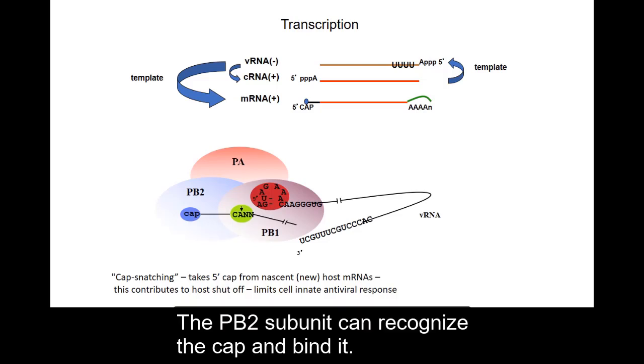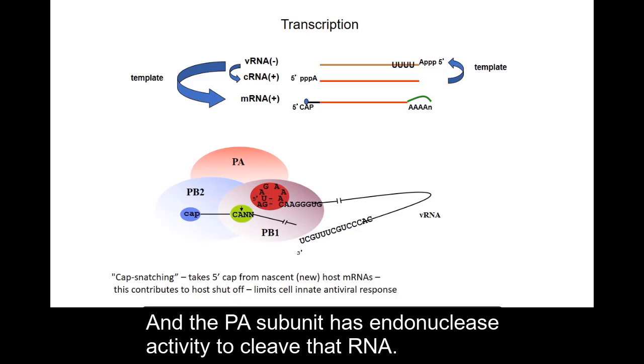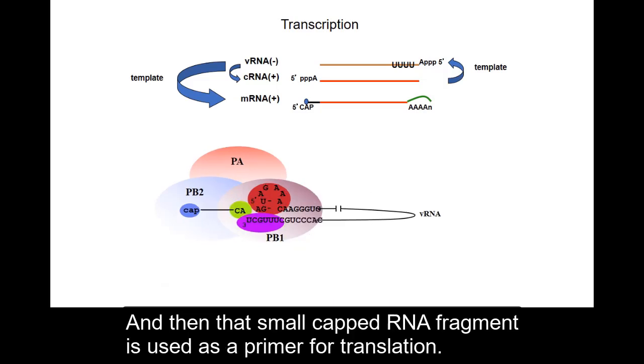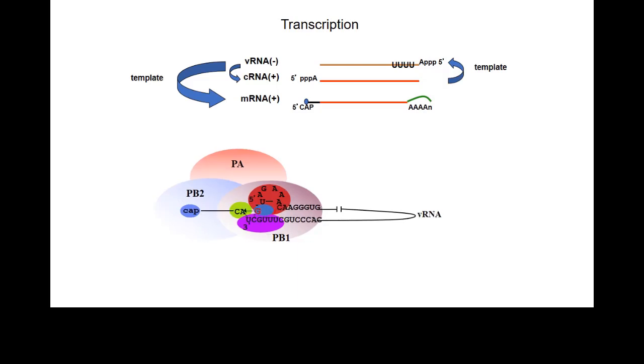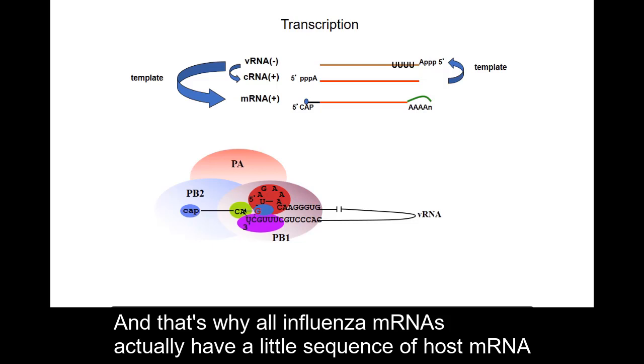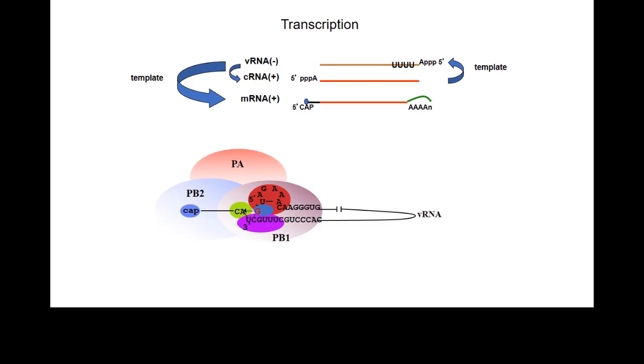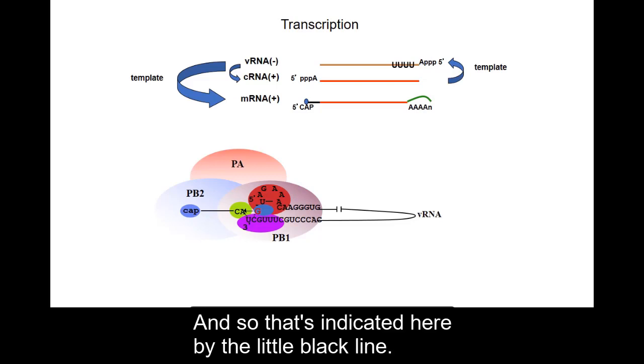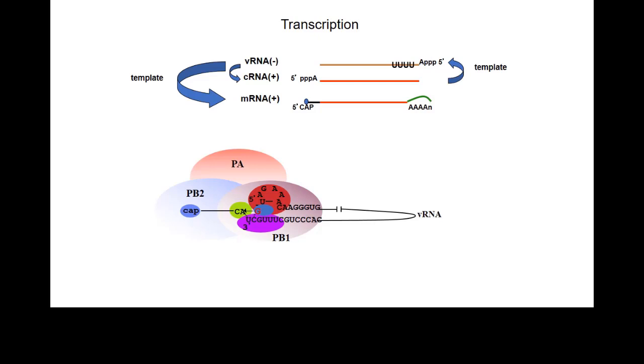The PB2 subunit can recognize the cap and bind it, and the PA subunit has endonuclease activity to cleave that RNA. And then that small capped RNA fragment is used as a primer for transcription. And that's why all influenza mRNAs actually have a little sequence of host mRNA at the start of their transcript. And so that's indicated here by the little black line.